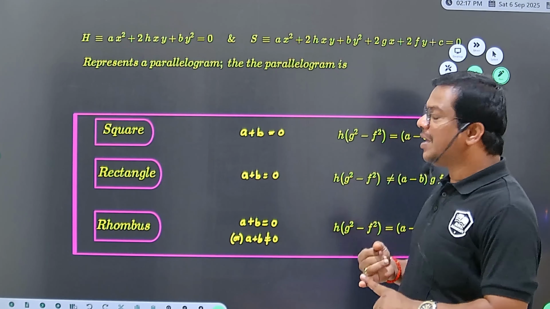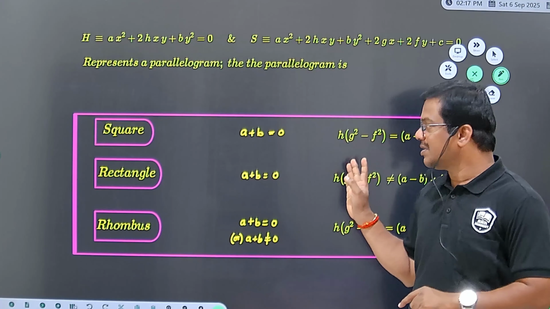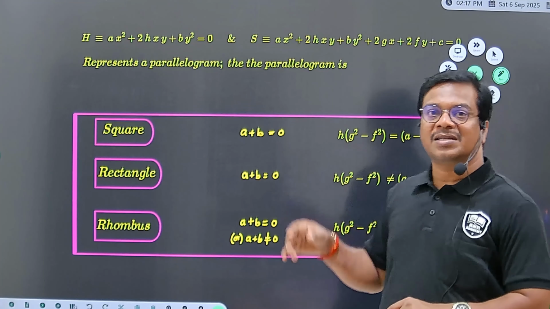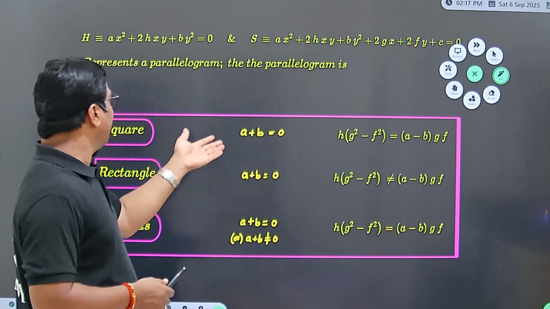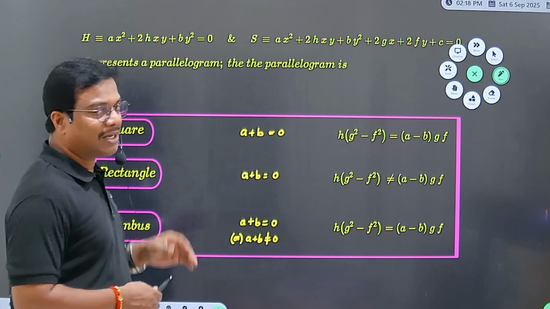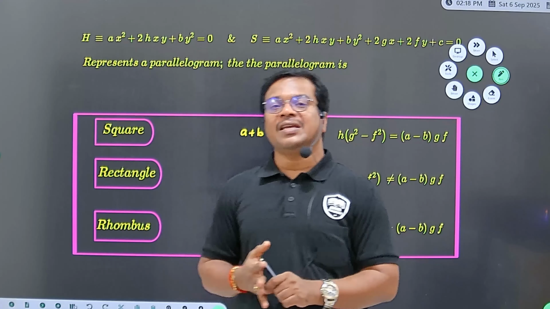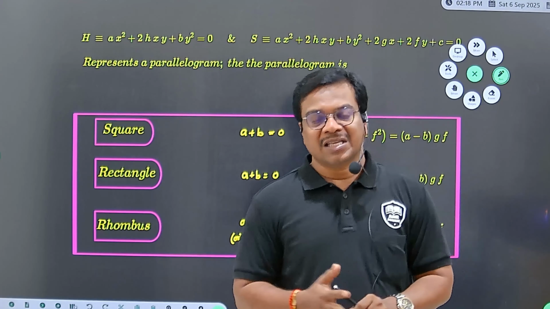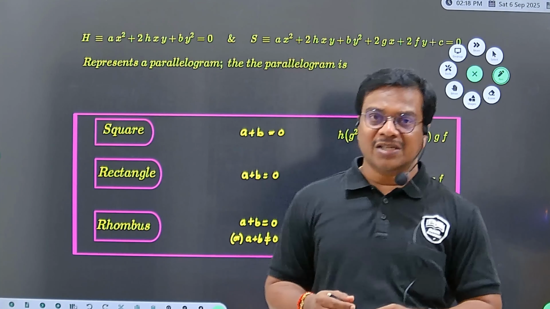With the help of these, just cross check the two conditions. Depending upon these two conditions, you can decide whether the quadrilateral is a square, rectangle, rhombus or parallelogram, right? So this is the way of verifying that the given equation represents a parallelogram, and I hope you have understood everything.